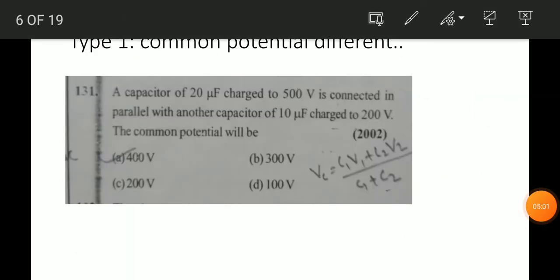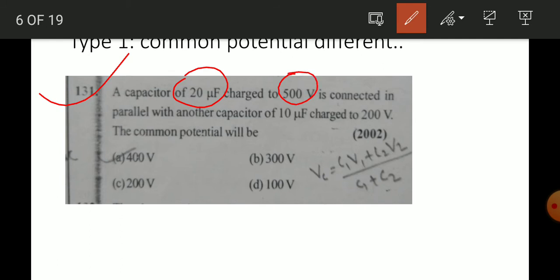Related to common potential, there is a numerical here. A capacitor of 20 microfarad charged up to 500 volts is connected in parallel with another capacitor of 10 microfarad.